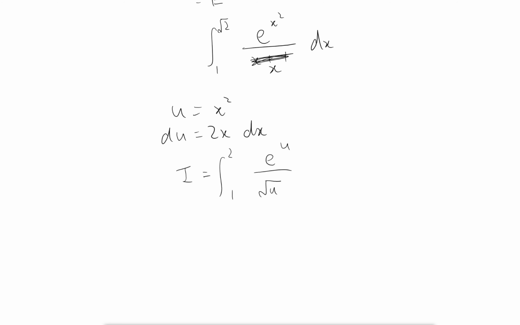Don't be put off by the root u, because after we substitute the du, we will find it's a very comfortable integral. What is x? x is root u as well, so that's e to the u over 2u, because x is root u, and root u times root u is u itself.